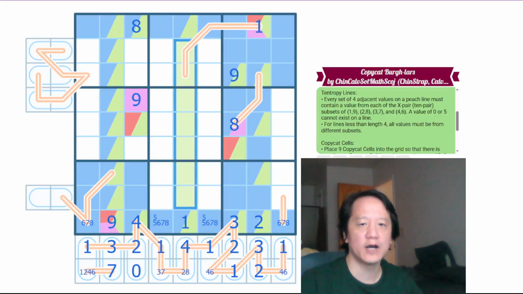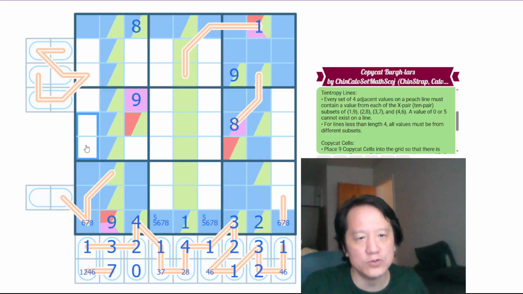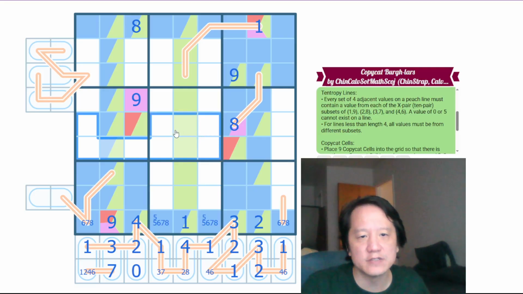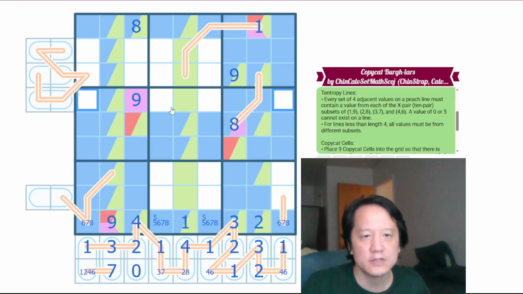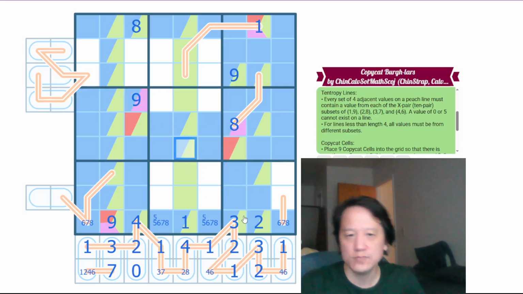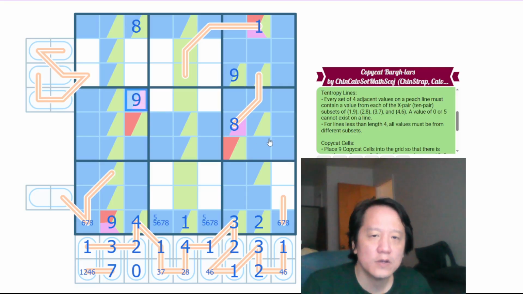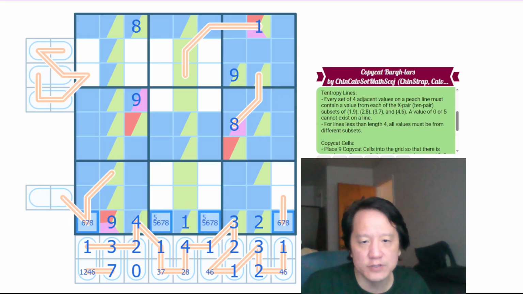Okay, so we have copycats now in rows 5 and 6. So these cannot be copycatted. And in boxes 4 and 6, so these can't be copycat. Obviously, these are counted.